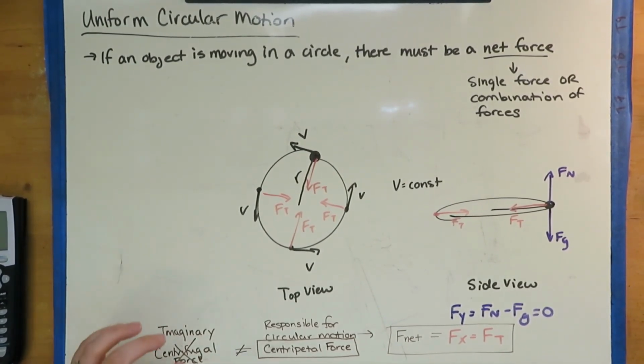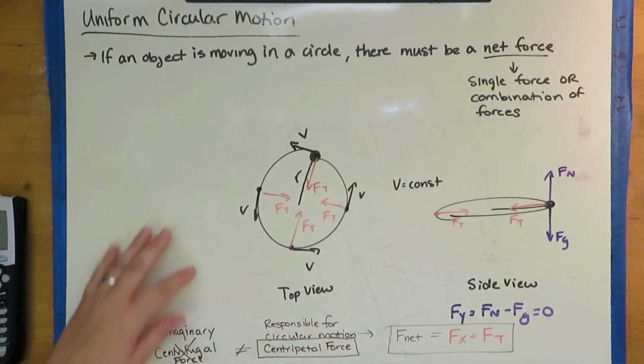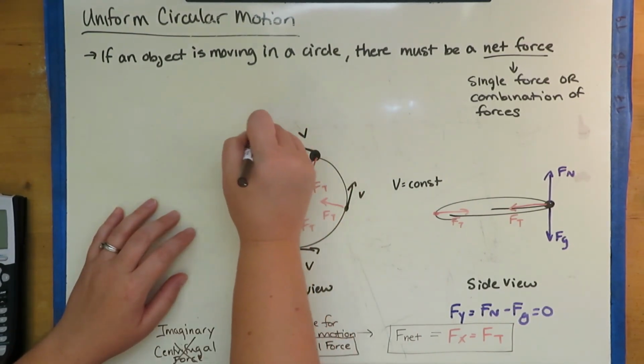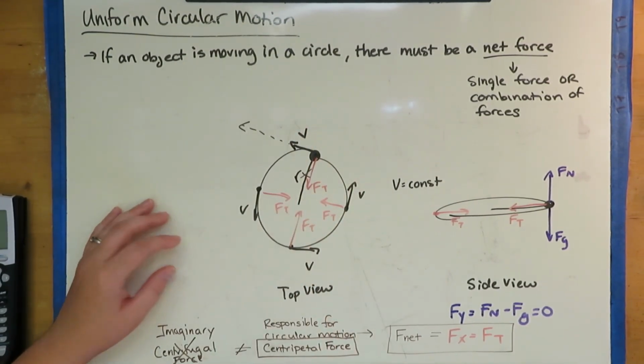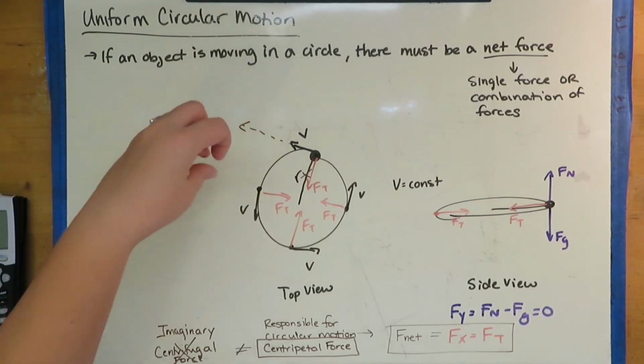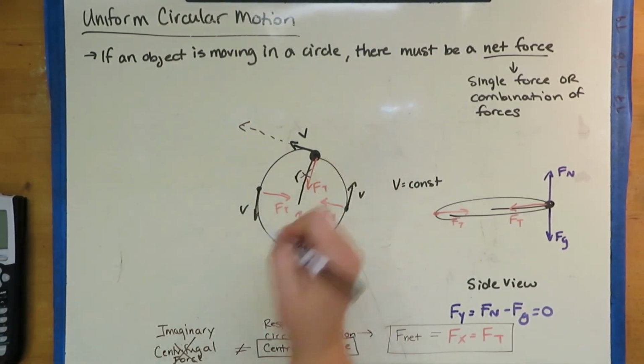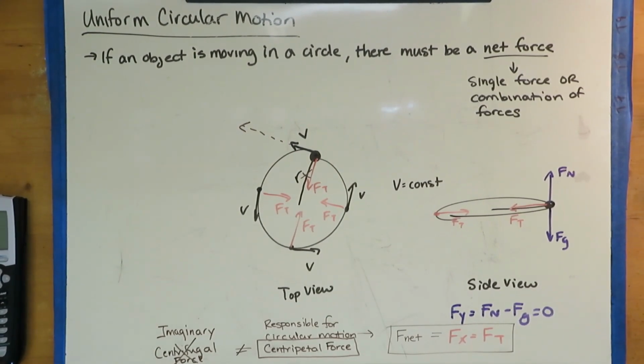But those forces don't actually exist. For example, if this string were to be cut at this point, this object would continue moving in a straight line from inertia and momentum, which are not forces. But it was a tension force, which was a center pointing force, that was responsible for the circular motion.